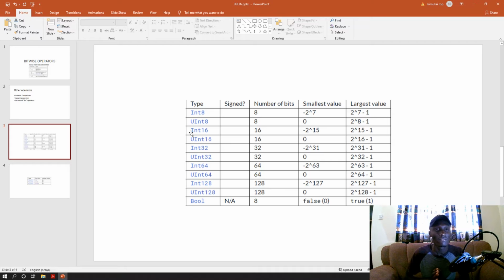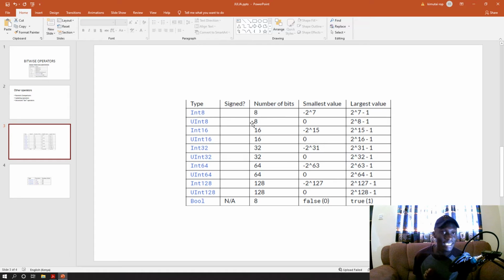So we have unsigned integers and signed integers, which is the broad classification of integers. Then as you group integers further, you have unsigned integer 8 or integer 8, and then unsigned integer 16 all the way to 128. So that is it about integers.